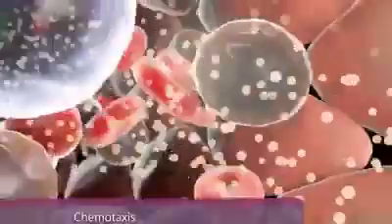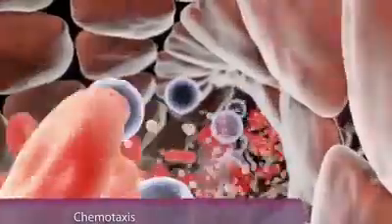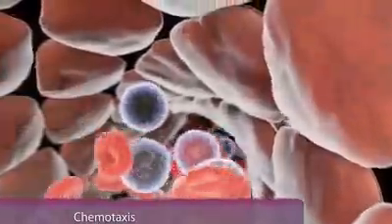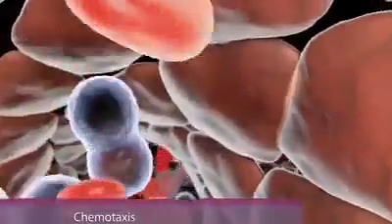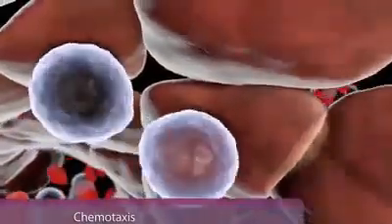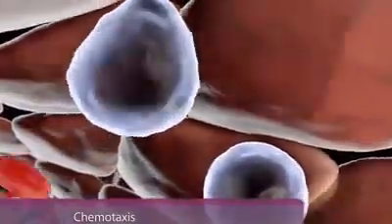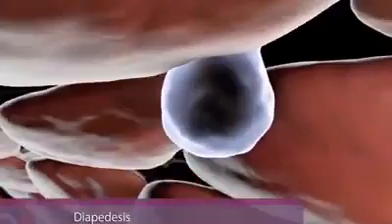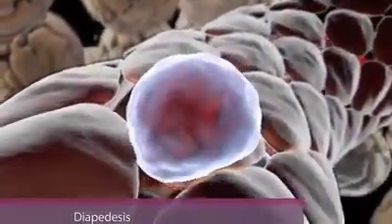Chemotaxis begins when cells at the injury site release messenger molecules called chemoattractants, which cause local endothelial cells and circulating neutrophils to stick together. Next, in a process called diapedesis, neutrophils squeeze through the endothelial gaps.